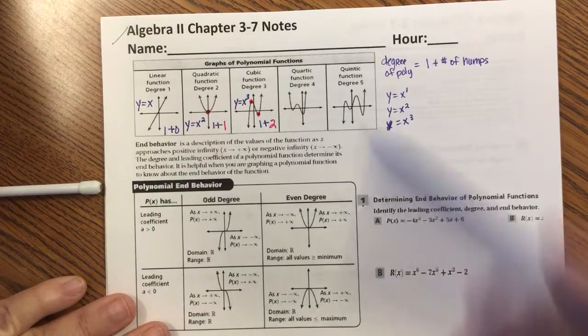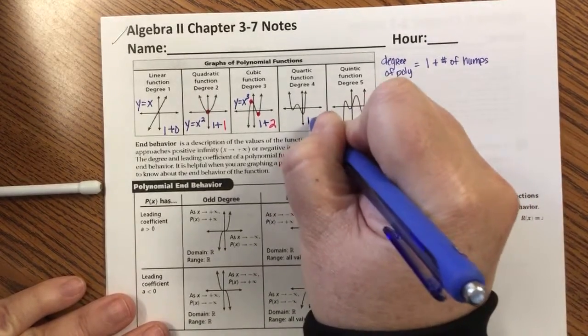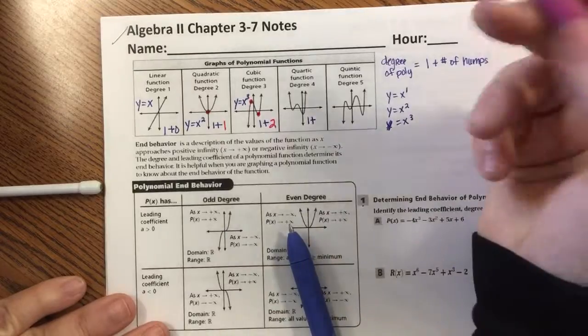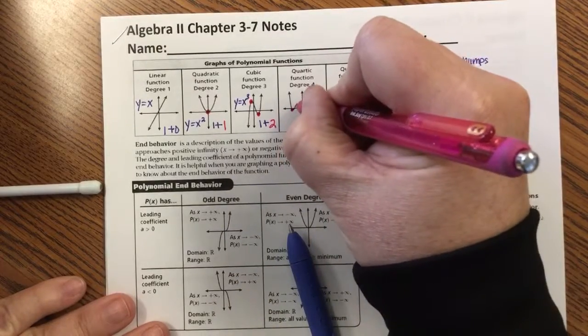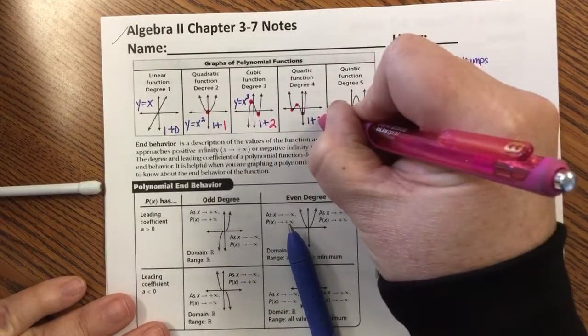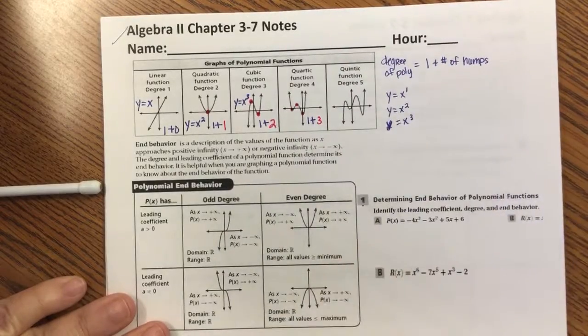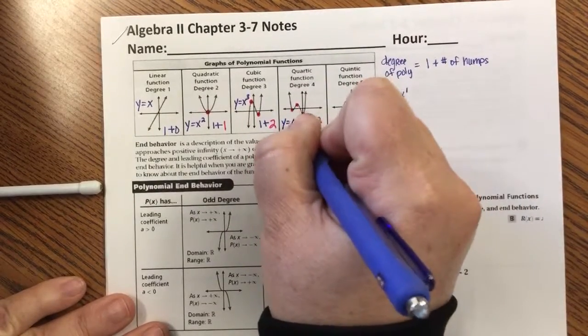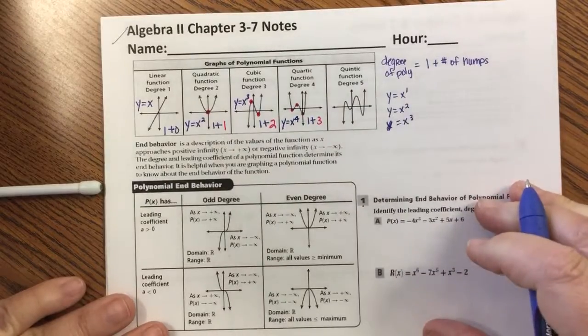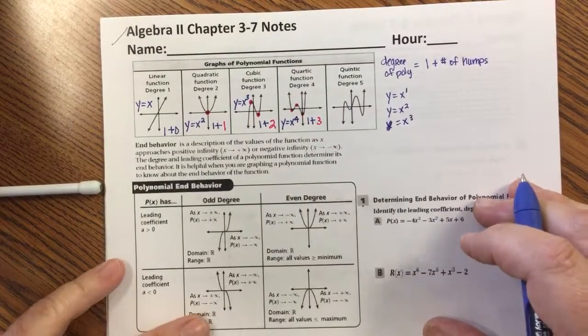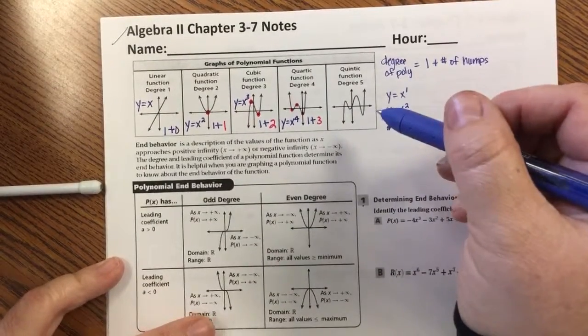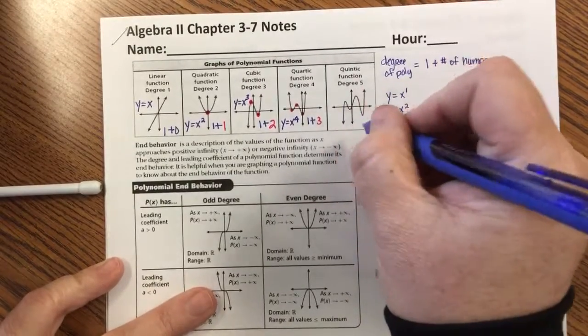The very next one that we have, we're going to do the same thing. 1 plus, let's count the number of humps. 1, 2, 3. 1 plus 3 equals 4, so this one would be y equals x to the fourth. If we started getting the pattern here, we can probably see that this next one's going to be y equals x to the fifth, but let's just make sure.